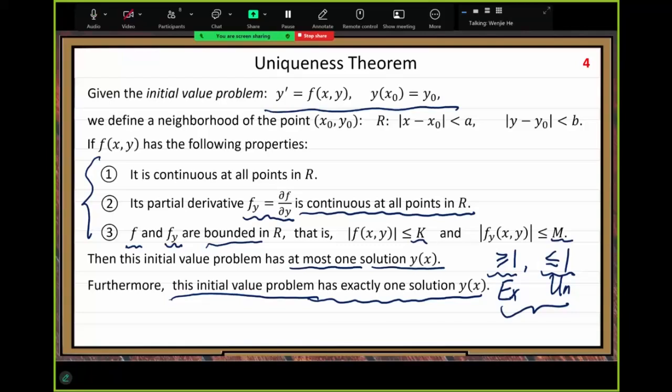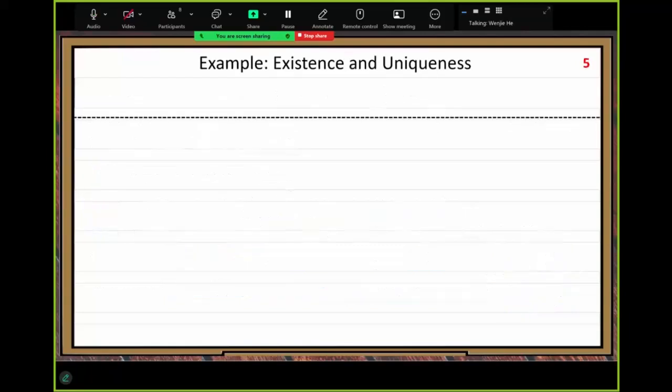So let's move to the example. Before we go to the second order, study this example. Pretty simple, but there are some interesting things I want to talk about.